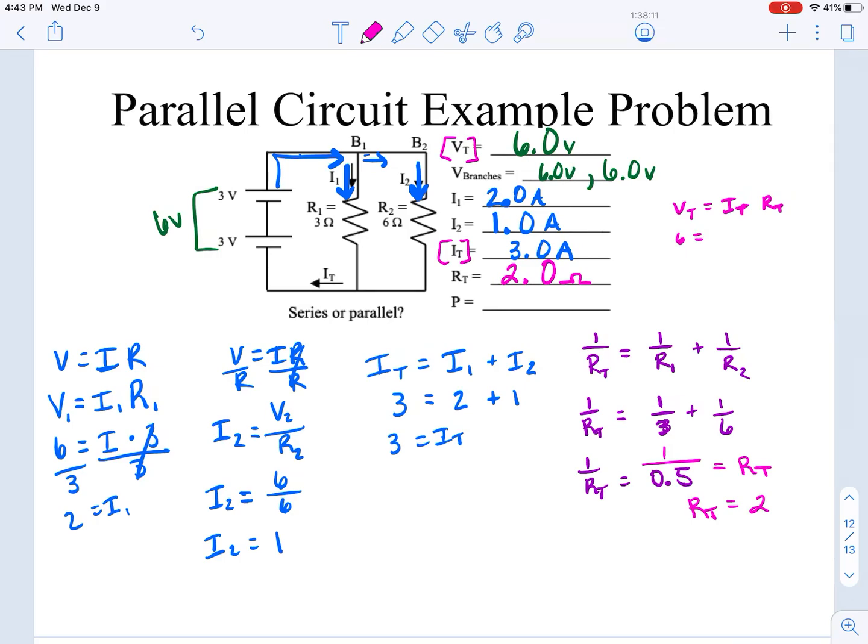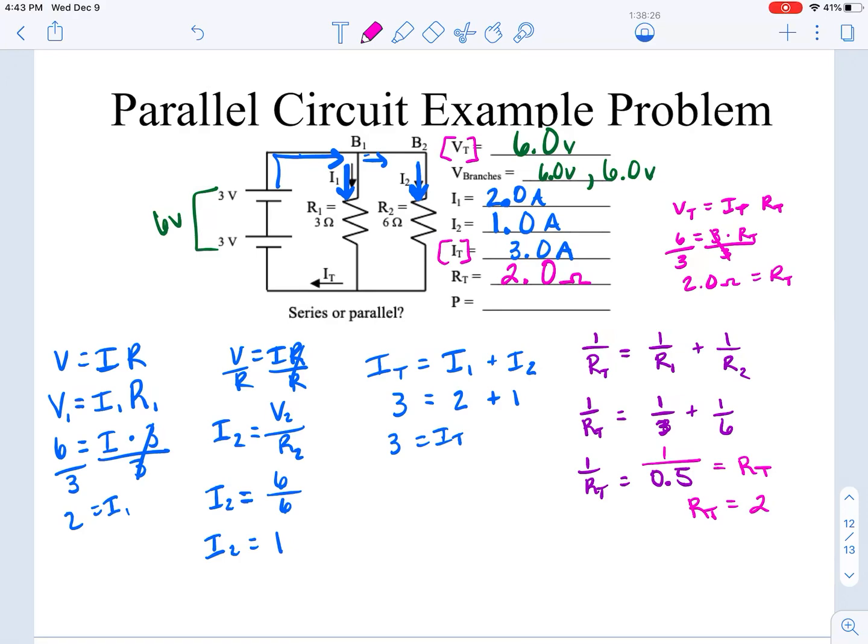I could have just said 6 equals 3 times R, divide by 3. 2 ohms is my total resistance, okay?